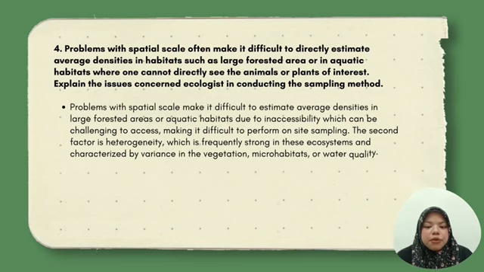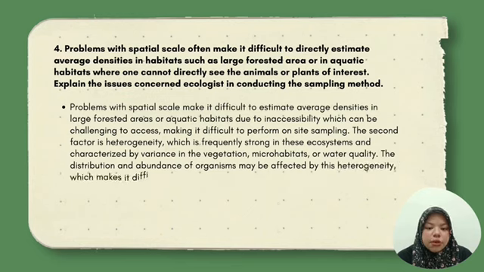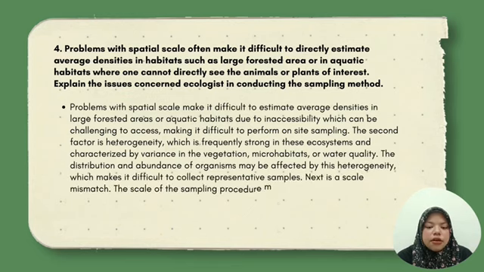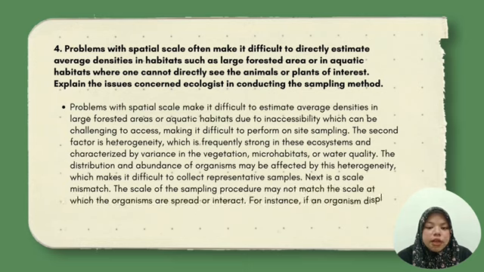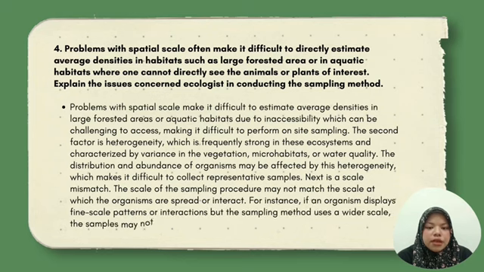So, problems with spatial scale make it difficult to estimate average densities in large forested areas or aquatic habitats due to inaccessibility, which can be challenging to access, making it difficult to perform on-site sampling.